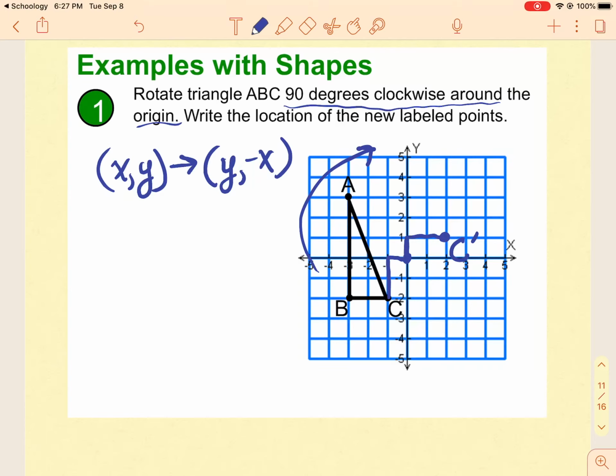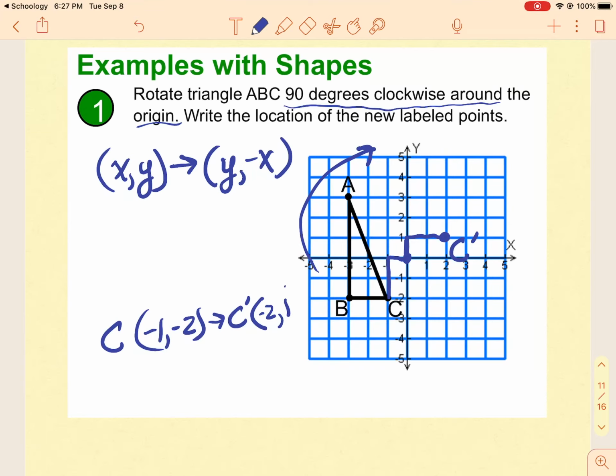Well, where is that? It's at 2, 1. If we looked at our original C, it was at -1, -2. So our C prime, following the rule, says you switch the x and y. So the -2 goes here.